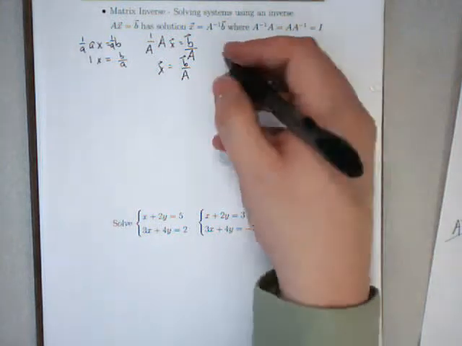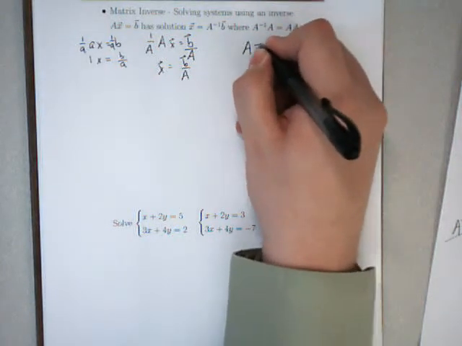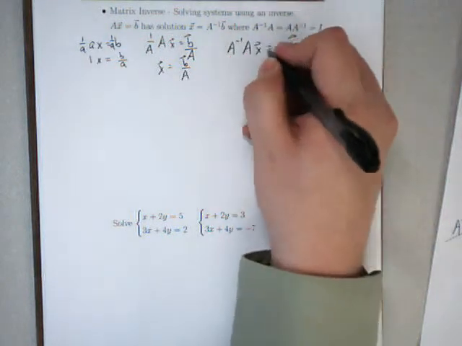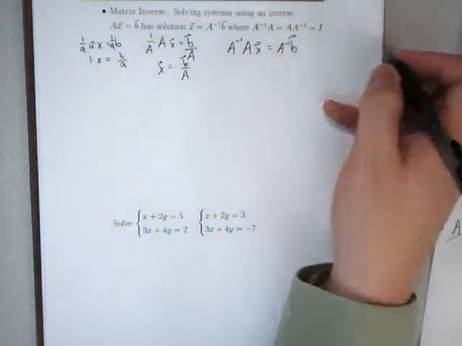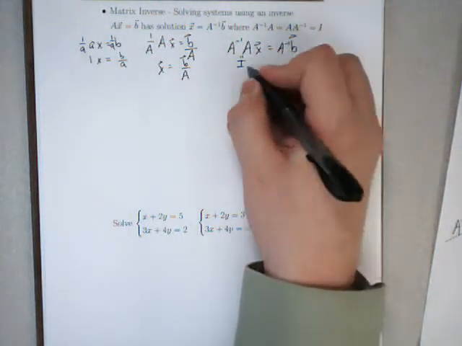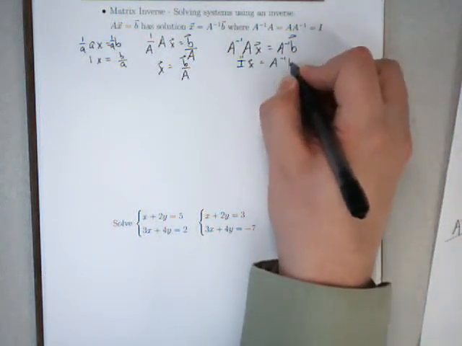The idea is, rather than dividing by A, we start with our Ax equals b, and we multiply both sides on the left by a matrix we'll call A inverse, so that A inverse times A is equal to I. That ought to equal A inverse b.